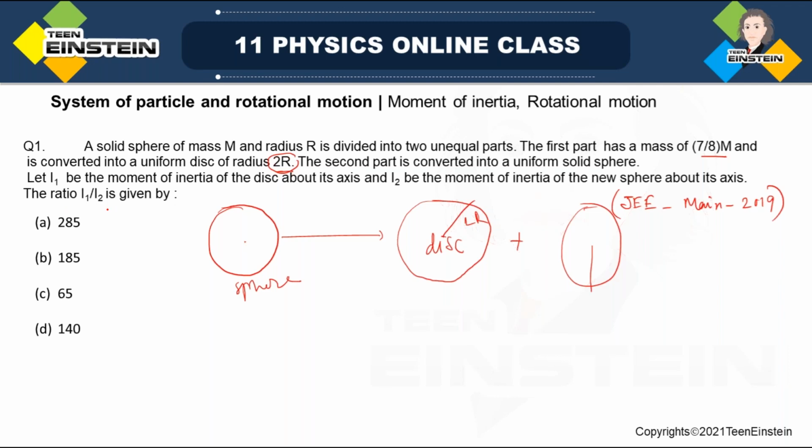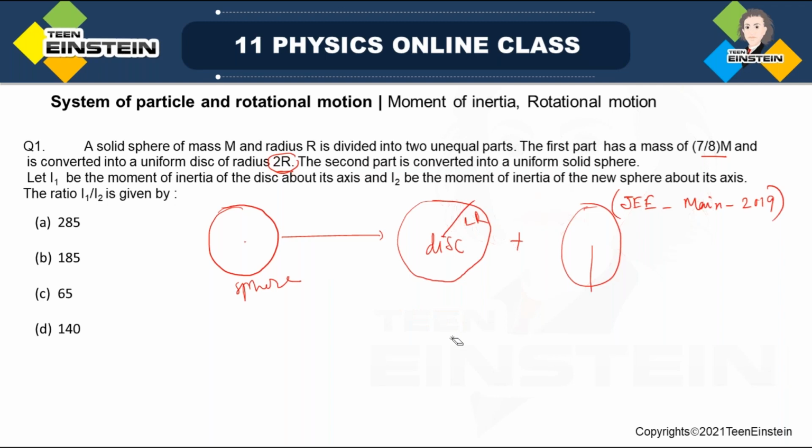The moment of inertia I1 is the moment of inertia of the disk about its axis. That means it is MR square by 2, but the mass is given as 7 by 8 M, and the radius is 2R for the disk.